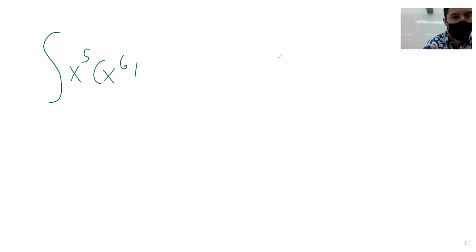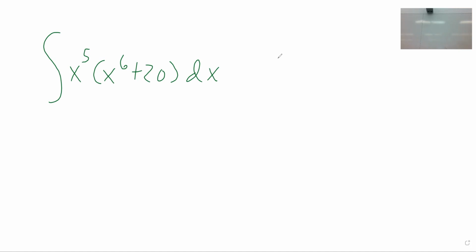Okay. So let's jump right into an example. Suppose we wanted to calculate the integral of x to the 5th times x to the 6th plus 20 dx. So the indefinite integral of this function.